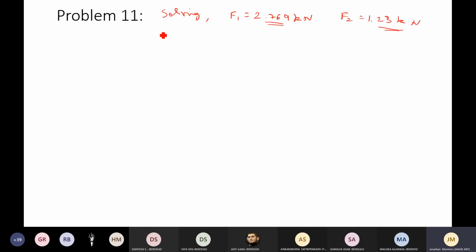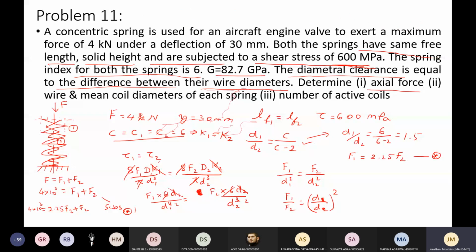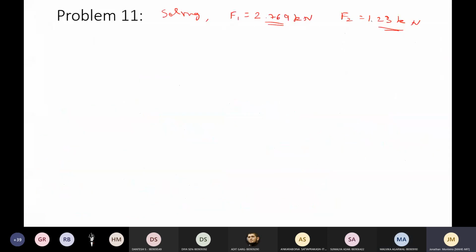So F1 and F2, we got the axial forces. Once we got the axial forces, now we are free to understand what is D1 and D2. The second part of the question is find the wire diameter and the mean coil diameters of each spring. So we will solve that.